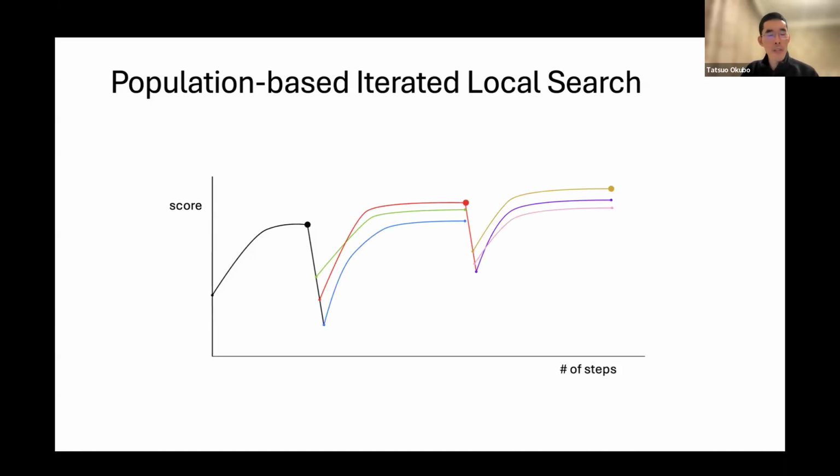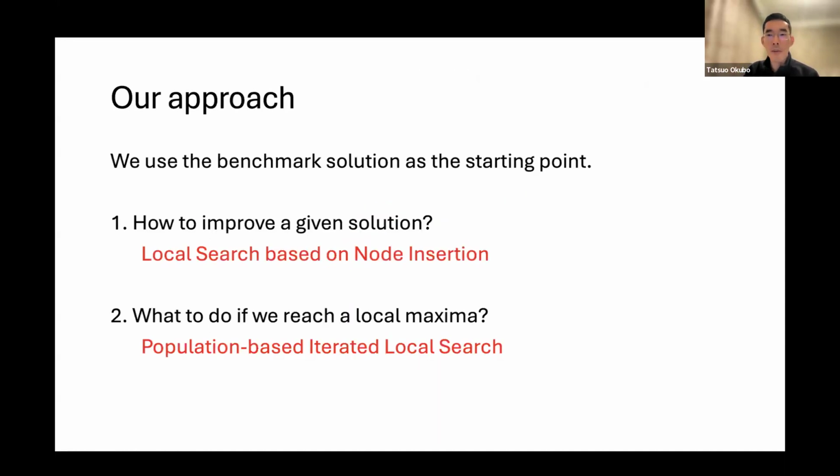In our case, we typically ran 15 to 20 parallel searches. And we just kept on doing this process until the deadline of the challenge. Okay, so just to summarize our approach, we used local search based on node insertion to keep on improving the results. And once we hit local maxima, we used population-based iterated local search.